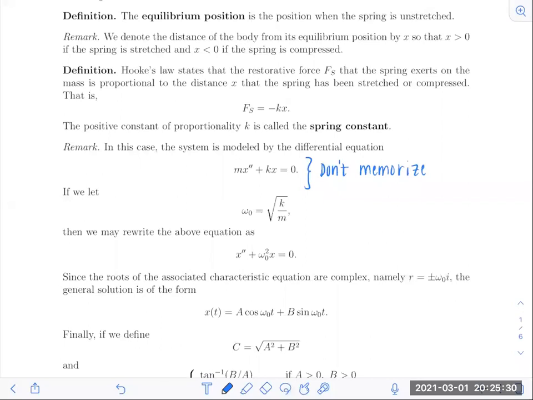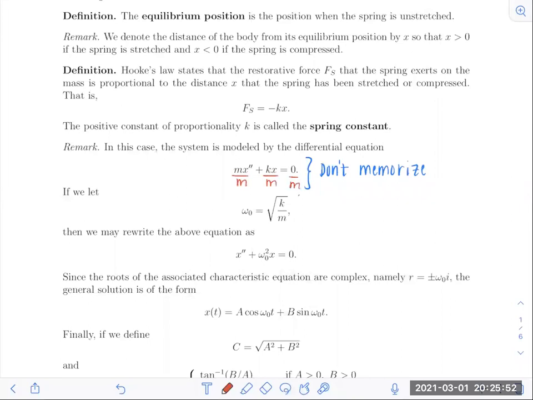All right, so then we have, if we let omega naught equal the square root of k over m, then we can rewrite the above equation as x double prime plus omega naught squared x equals 0. So all we're doing is we can divide both sides of the equation by m.